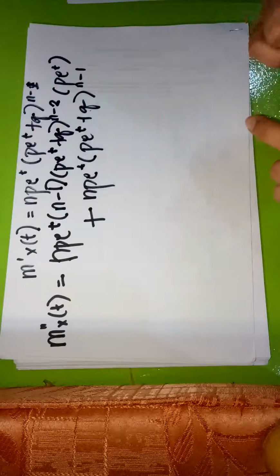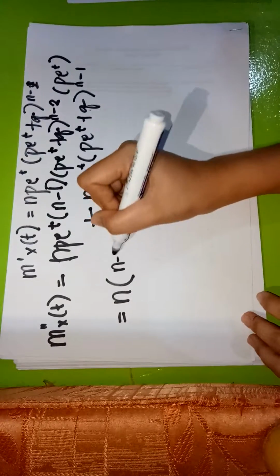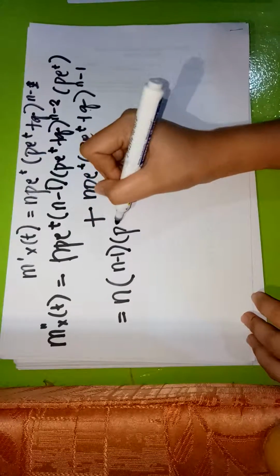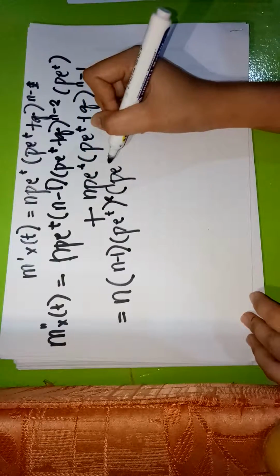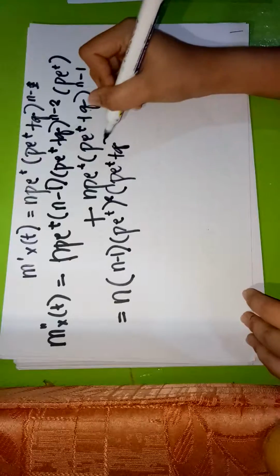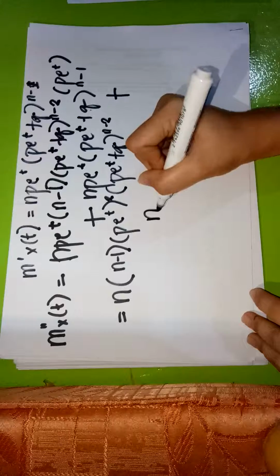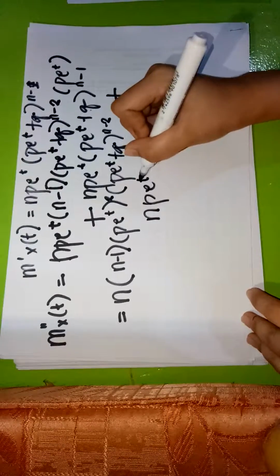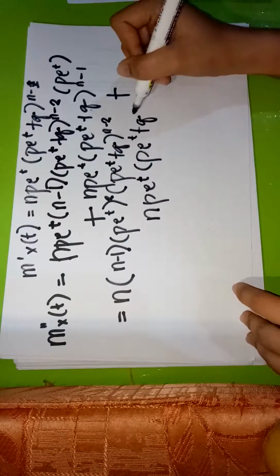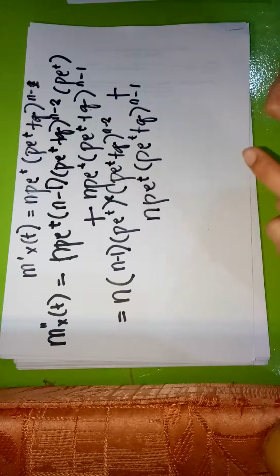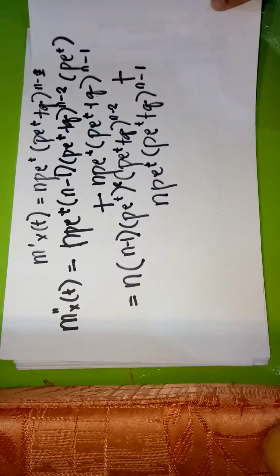We'll just have to combine like terms, so we will get n times n minus 1 times quantity p e to the t, squared, times quantity p e to the t plus q, to the power of n minus 2, plus np e to the t times quantity p e to the t plus q, to the power of n minus 1. To get our goal, we let t equal 0.